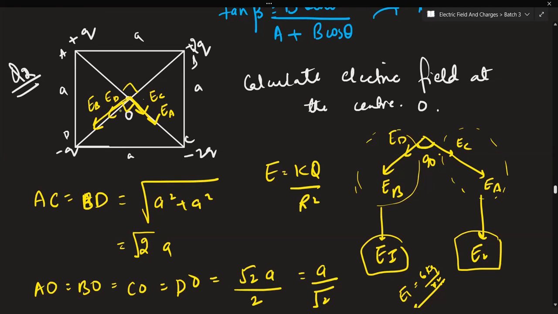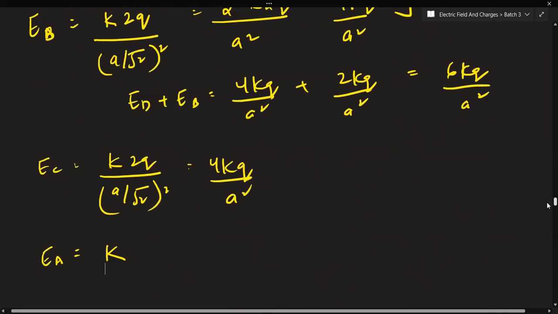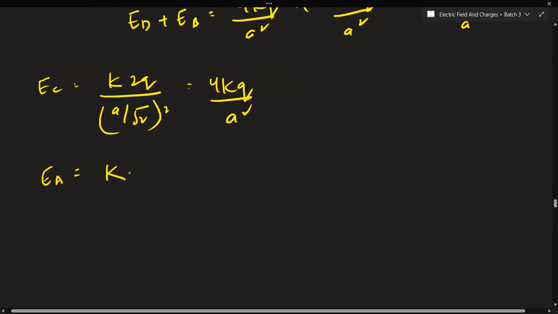And the separation is AO, which we have calculated as A by root 2. So it will be KQ divided by A by root 2 whole square. The root 2 squared becomes 2 and, since it is in division form, goes in the numerator. It will be 2KQ divided by A square.